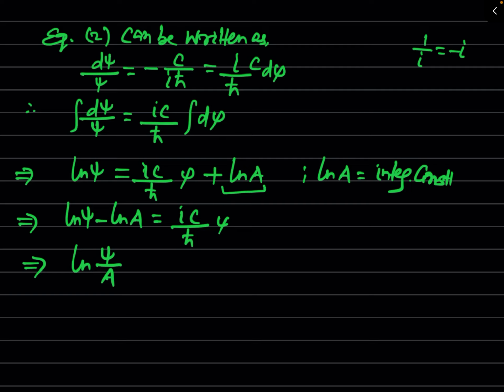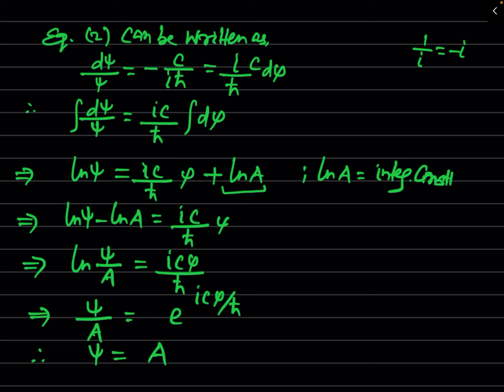So this is ln psi by a equal to iC phi over h bar. So psi over a will be e raised to the power iC phi over h bar, and therefore psi is equal to a times e raised to the power iC phi over h bar, and say this is your equation 3.